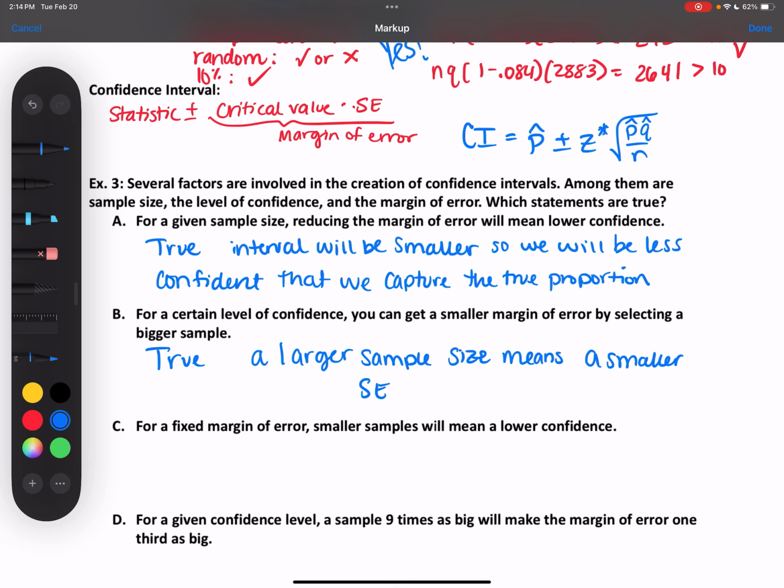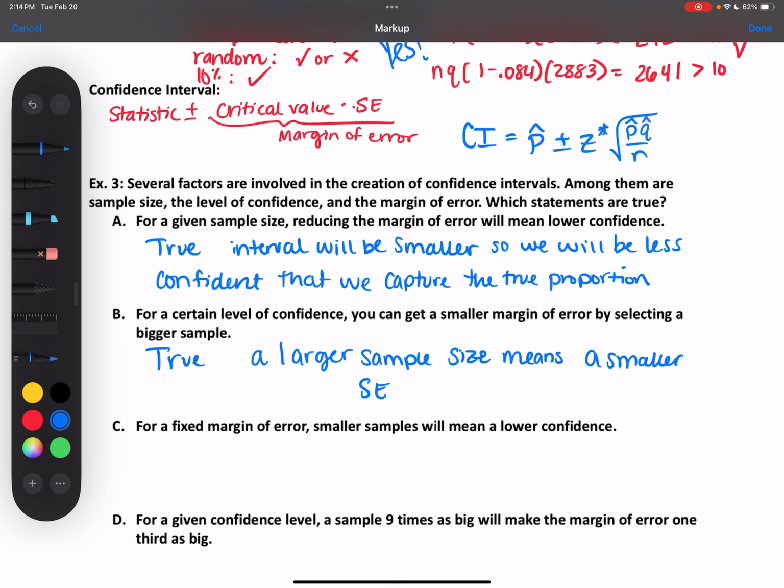I feel like if the margin of error is fixed, it's going to have the same amount of confidence. But I don't know. Basically it's a fixed number, I guess, then if you put in a smaller sample, it's going to be lower confidence. If you put in a larger sample, it's going to be larger confidence.